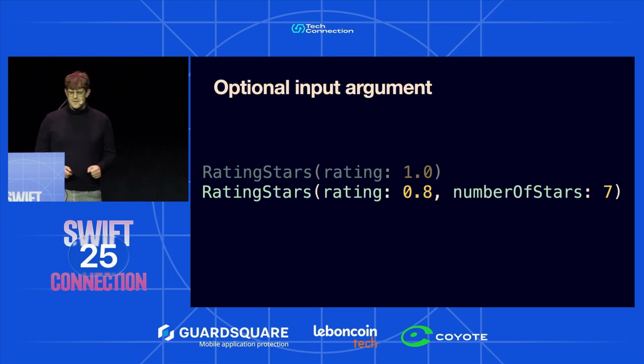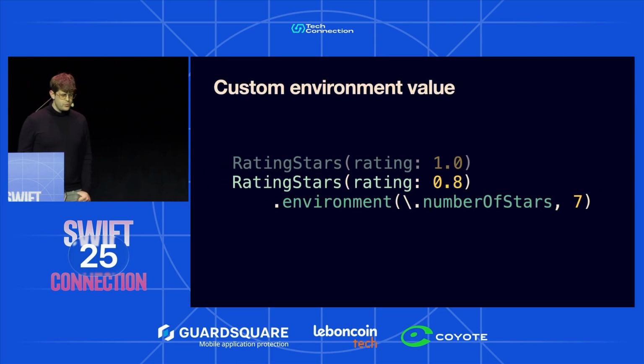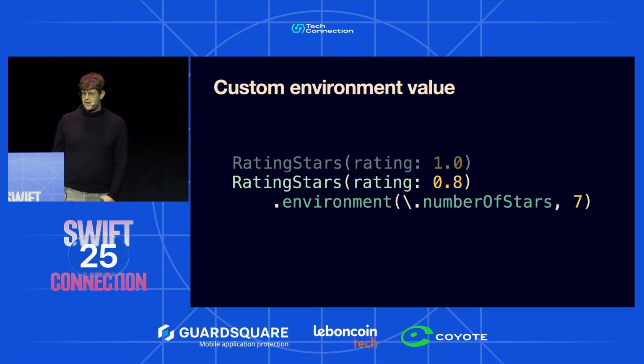But this is not scalable for your component. You will end up having a lot of arguments. You will end up having a specific order for arguments, and you can do better. So an approach would be to use what SwiftUI provides you, which is environment. An environment will be a value that is provided to your child views, and you don't have to think about it.